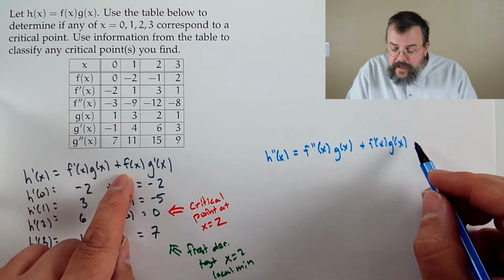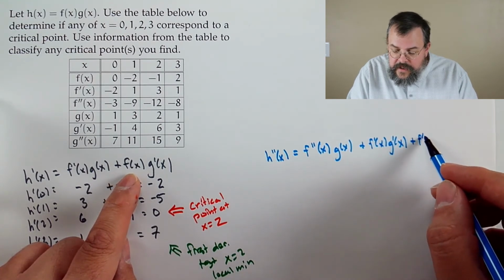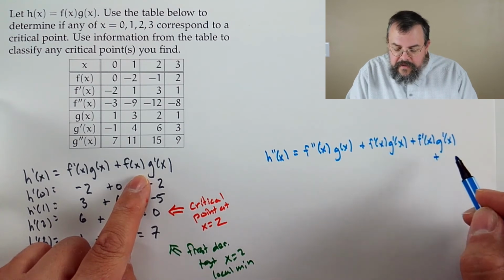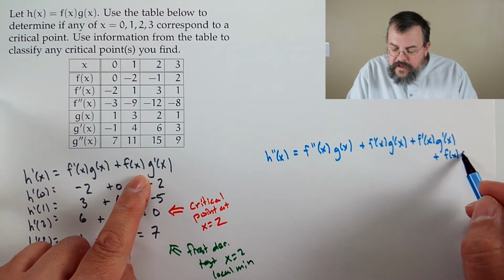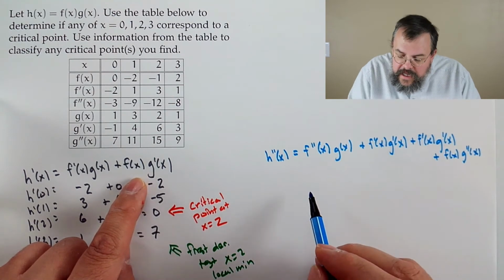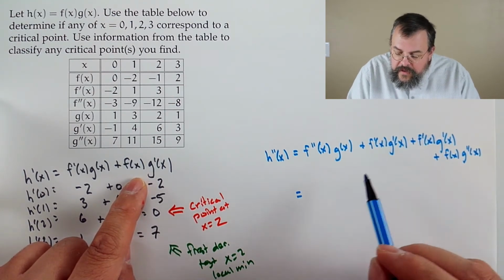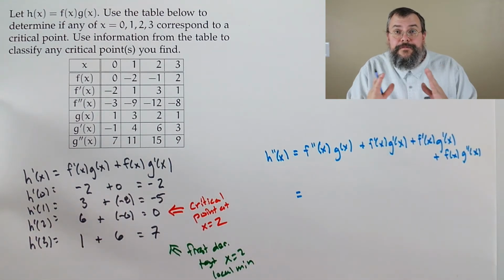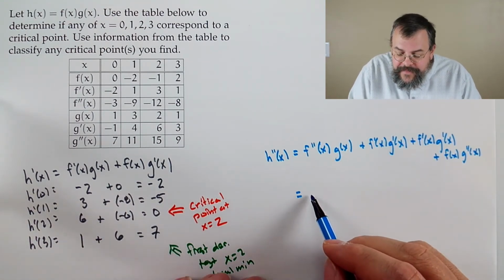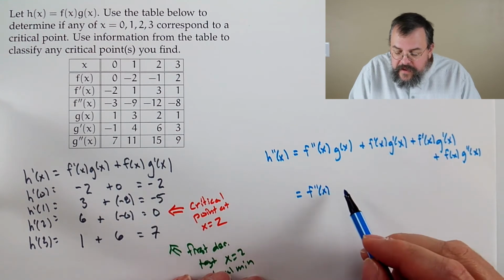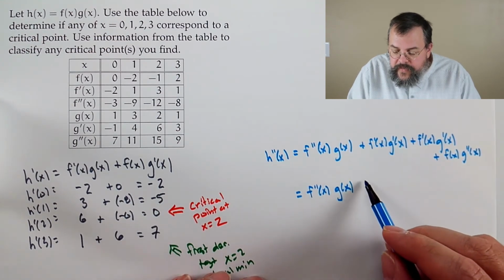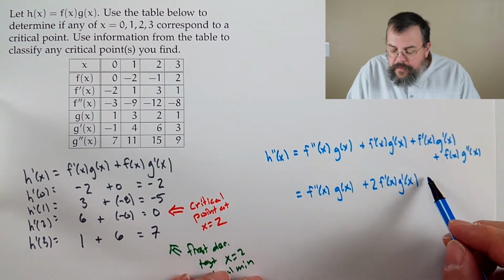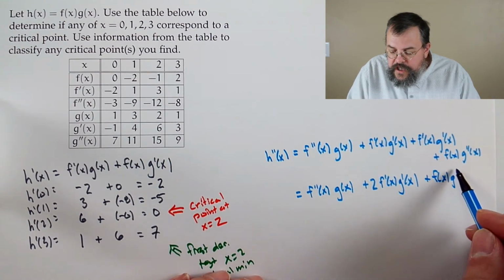Then we add the derivative of the first times the second, plus the first times the derivative of the second. You can simplify this a little bit, since these two middle terms are the same. So this is f double prime of x times g of x, plus 2 f prime of x g prime of x, plus f of x g double prime of x.